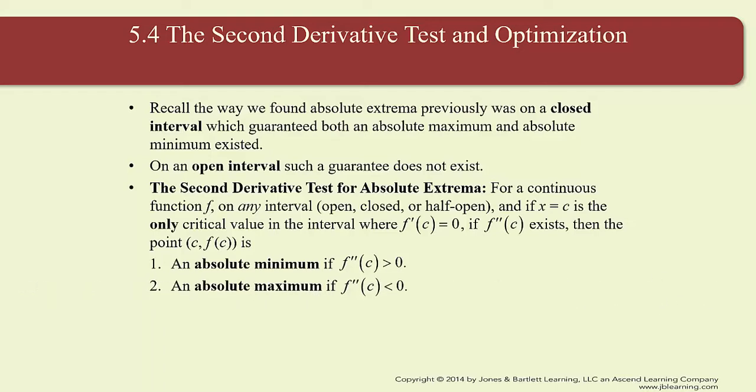It's an absolute maximum if the second derivative evaluated at c is negative. And then if the second derivative is 0, well, we don't know what's going on. The second derivative test for absolute extrema fails.